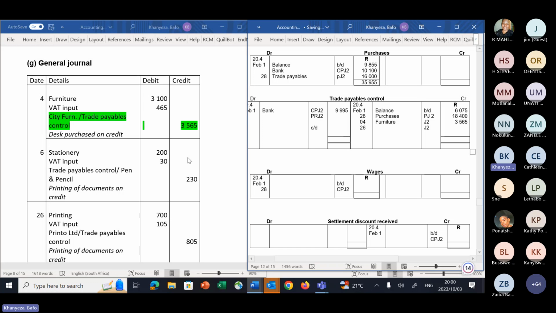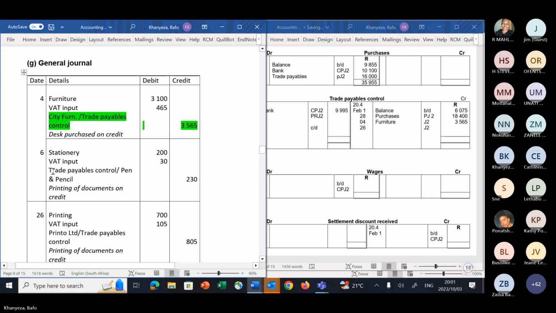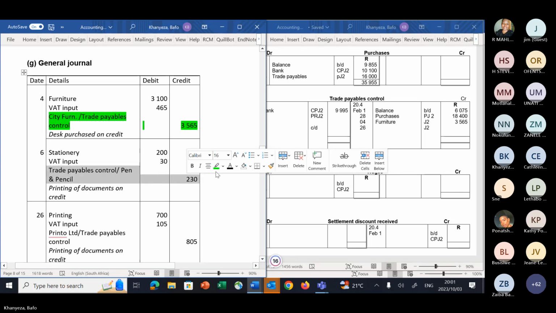Then we go to another journal, stationery. Stationery, the credit.